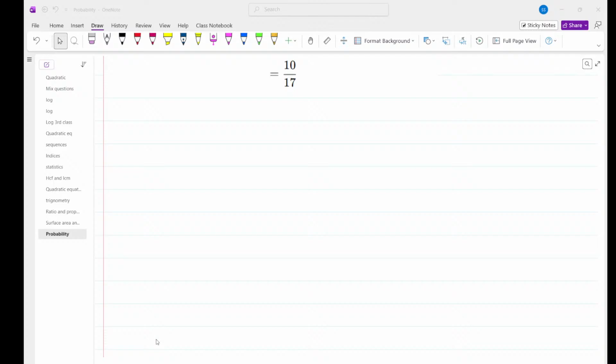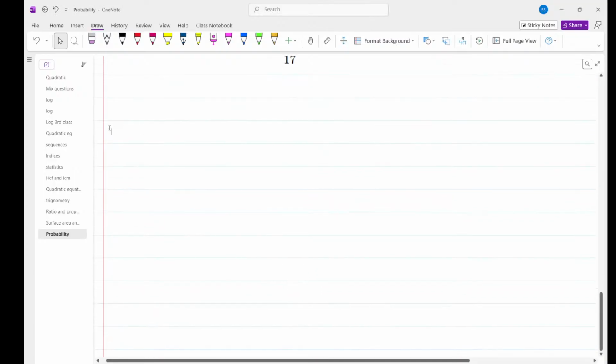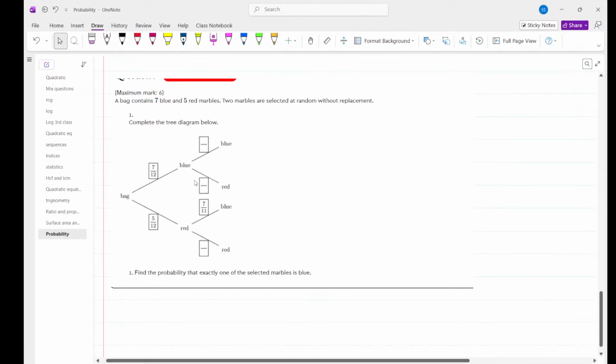Let me give you another question. This one. Till junior level, these tree diagram conditional probabilities are good. Please see.